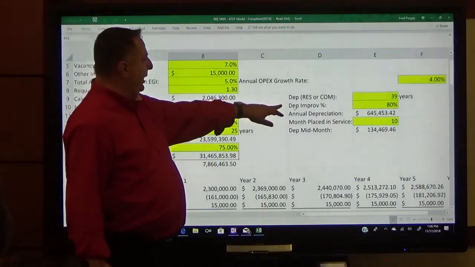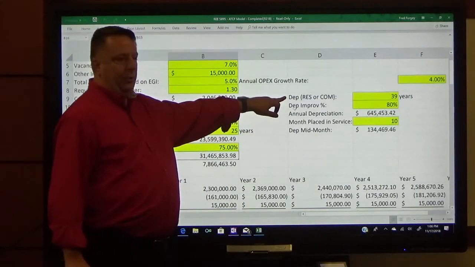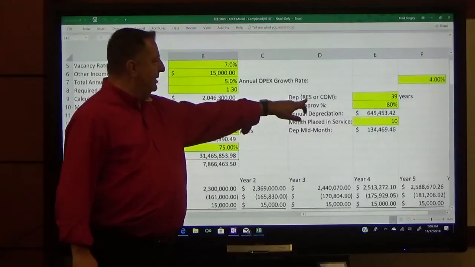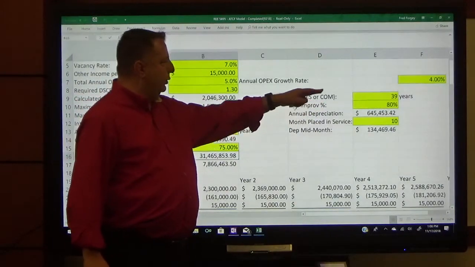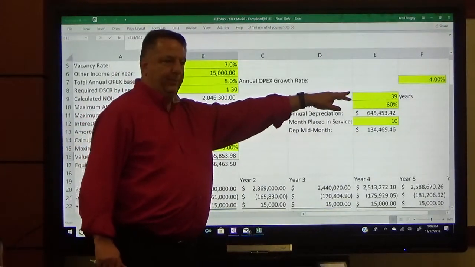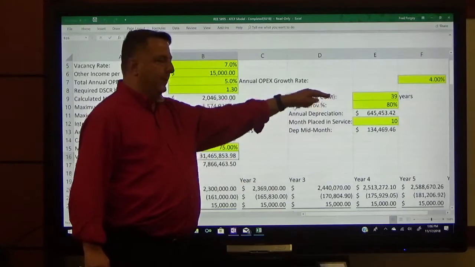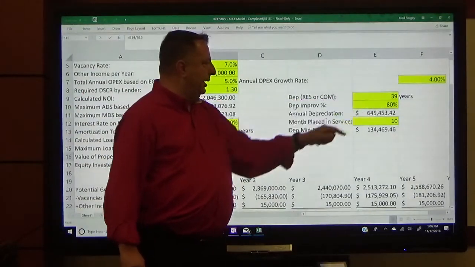That's our total value of the property. What we're told over here is that we first decide whether this property is residential or commercial. If it's residential, we put in 27.5 years. If it's commercial, we put in 39. Make sense? For this particular example, it's going to be commercial, 39 years.